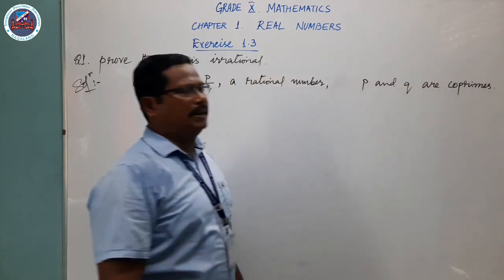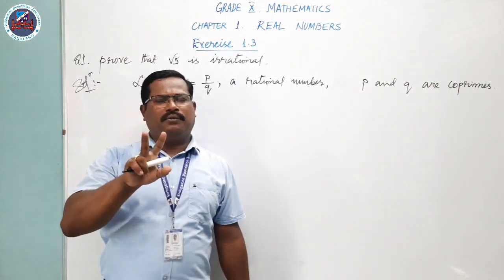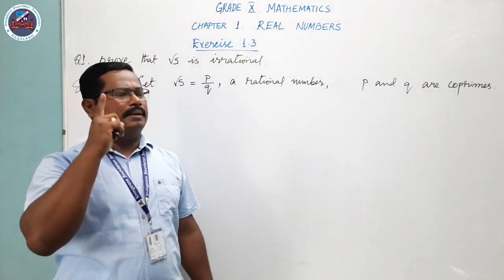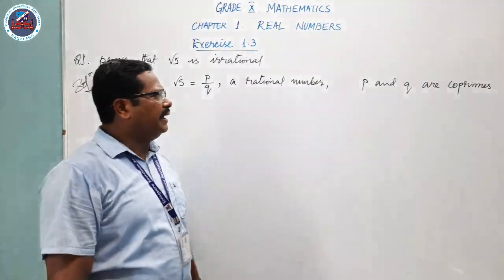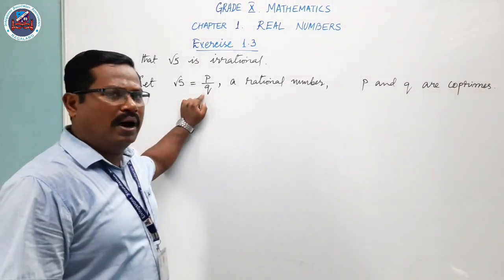Now what is a co-prime? That is necessary to know. If the HCF of two numbers is 1, then the numbers are said to be co-prime. That means they can have a common factor, that is 1.